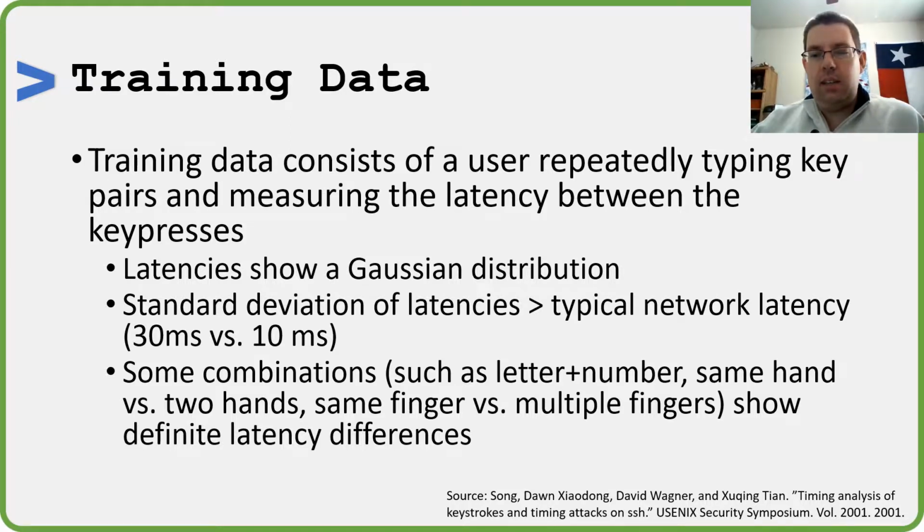Now these between-character latencies showed a Gaussian distribution, and as I said earlier, the standard deviation of these latencies is a lot more than typical network latency, so the fact that one packet might be a little later than another one is not a big deal. They also found that certain key combinations matter.